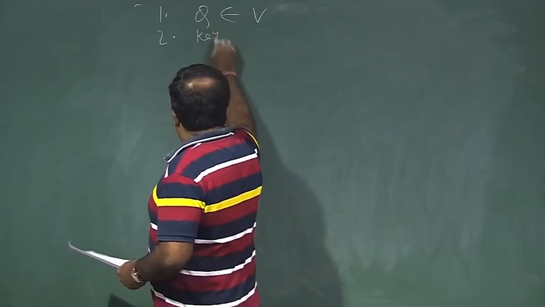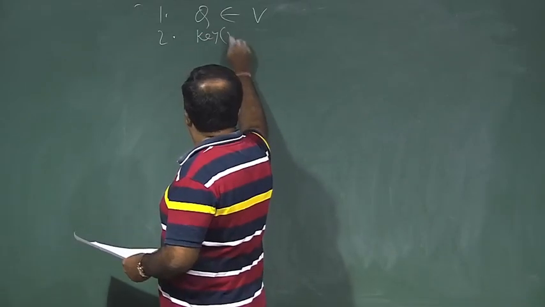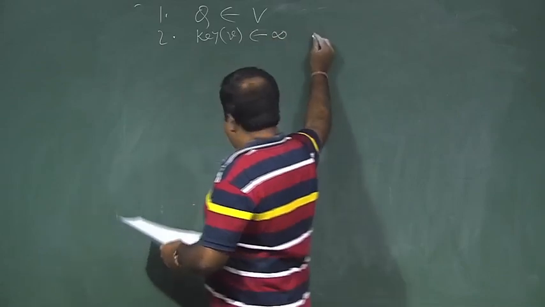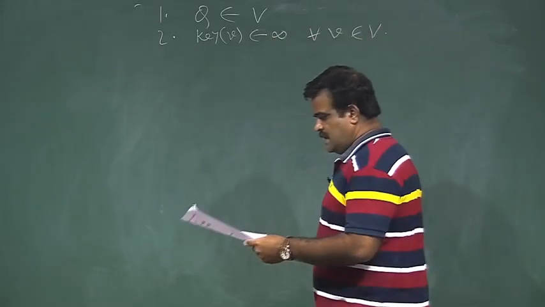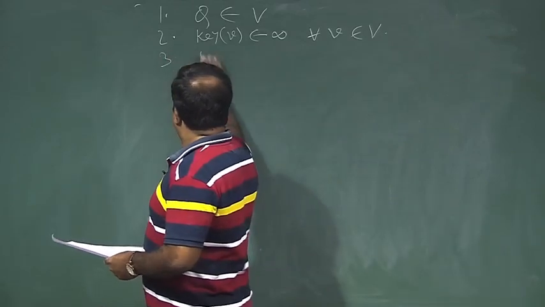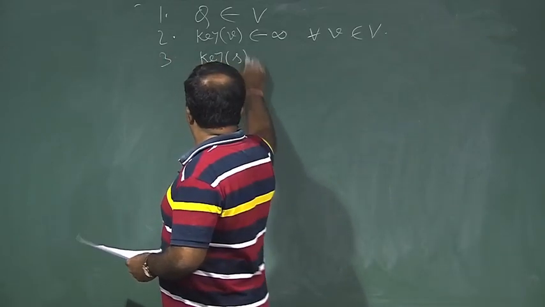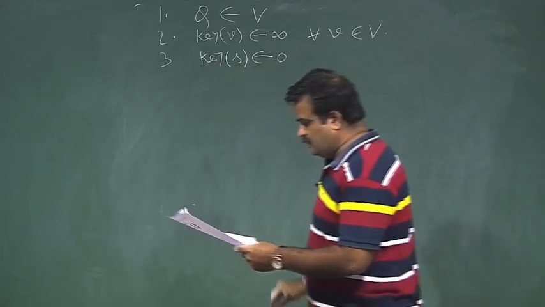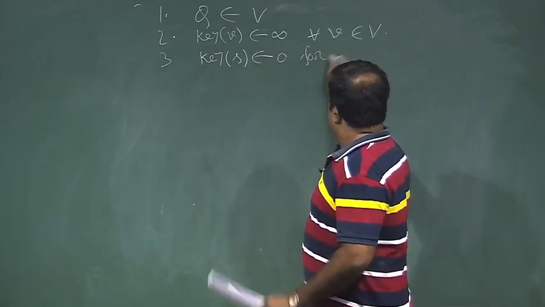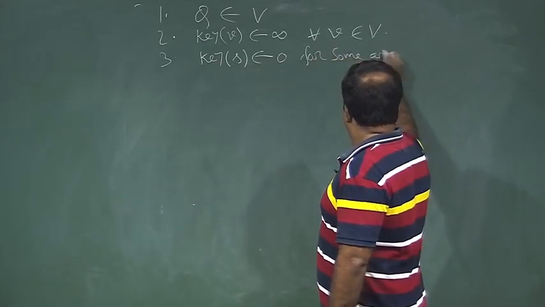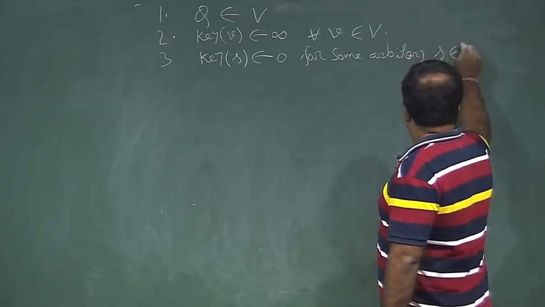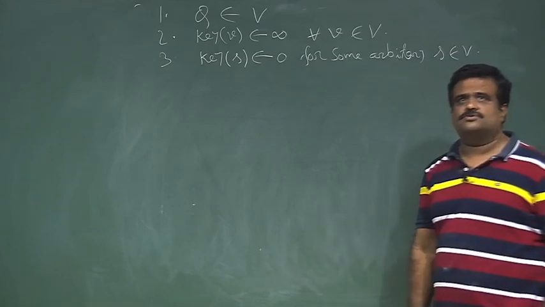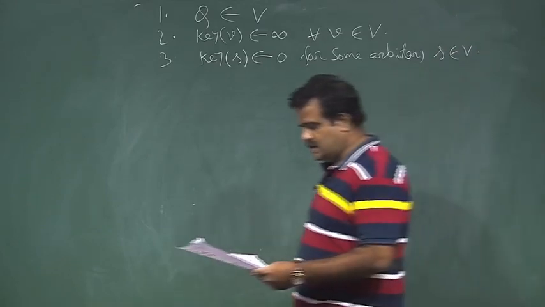The key value of v is infinity for all v in V, except some vertex which is the starting vertex, which we put the key value as 0, for some arbitrary s from V. So, we choose a vertex to start, that is the starting vertex.